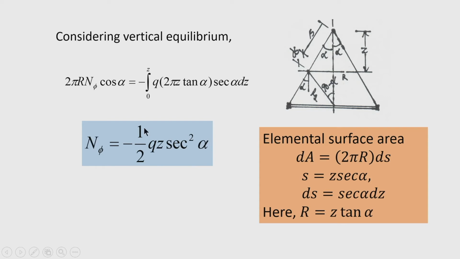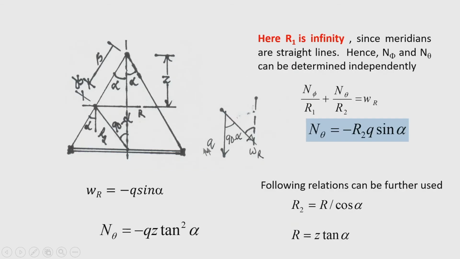The negative sign indicates it is compression under the action of vertical load, and these are the quantities that we used in finding the relation between n phi and other shell parameters including the load. So, two expressions of the meridional force n phi and n theta are calculated.